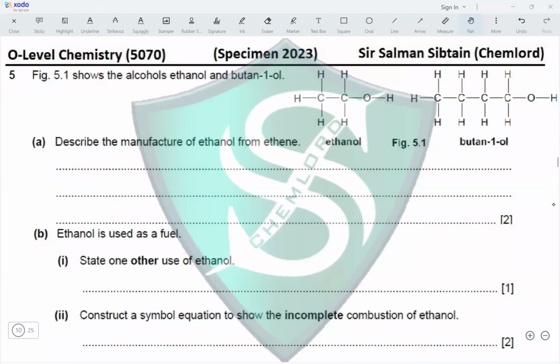Question 5. Figure 5.1 shows the alcohols ethanol and butan-1-ol. Describe the manufacture of ethanol from ethene.